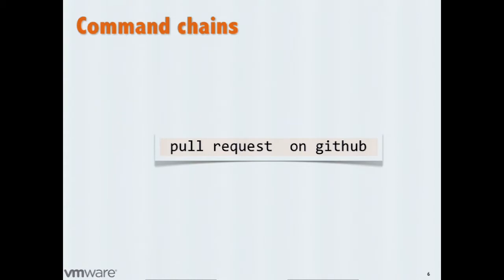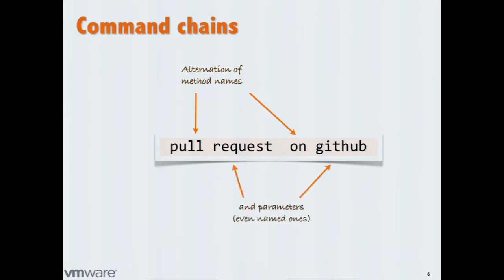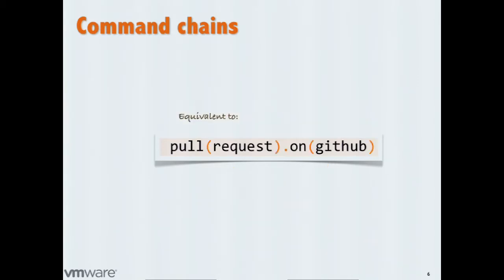But since Groovy 1.8 and then 2.0, we can compile that, and it's actually an alternation of method names. Pull is a method name, on is a method name, and parameters. So you've got this alternation, method names and parameters. And this is actually equivalent to this code, right? That's chained method calls. That's why we call that feature command chains.